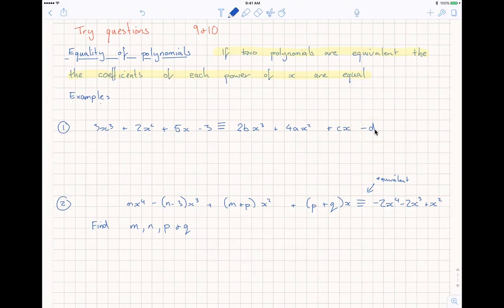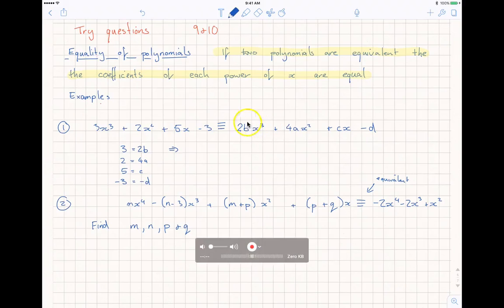In other words, we've got 3 must equal 2b, 2 must equal 4a, 5 must equal c, and minus 3 must equal minus d. Looking at this and solving for b, if we divide both sides by 2, we get b is equal to 3 divided by 2, or 3 halves.